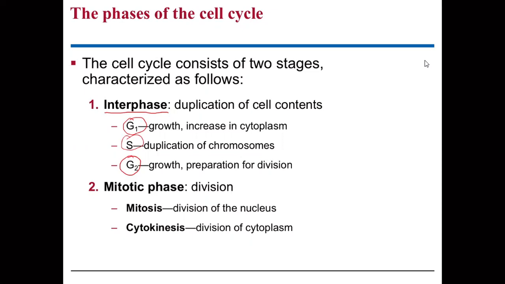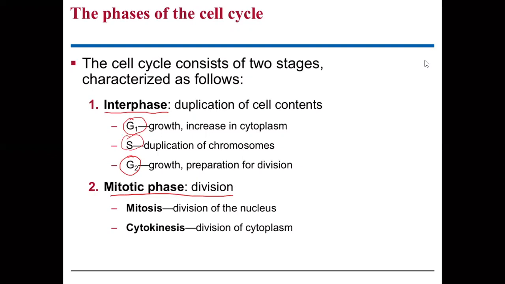So next is the division phase. The division phase, or the karyokinetic phase, can either be mitosis or meiosis. But for this part of the lecture, we will focus first on the mitotic phase. In this phase, the actual separation of cellular contents occurs.